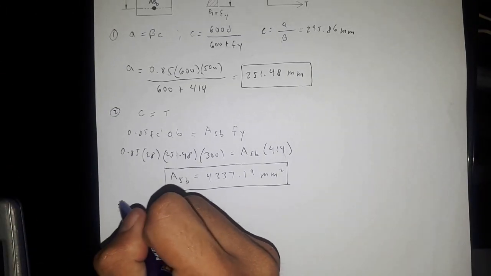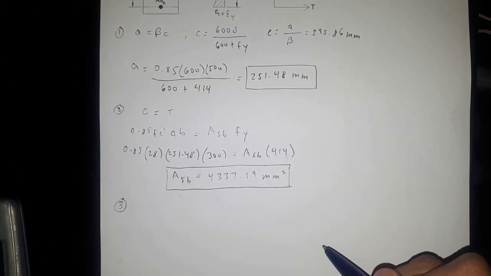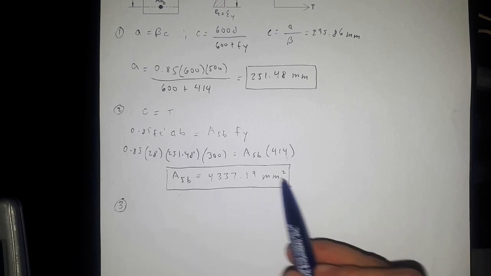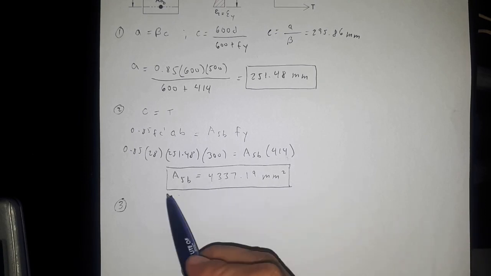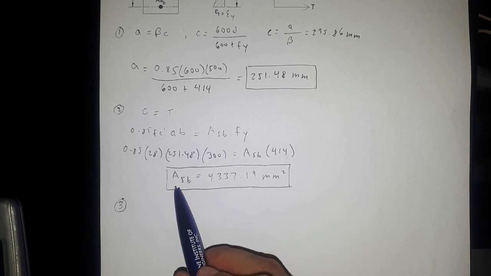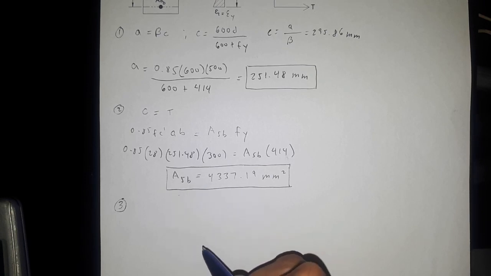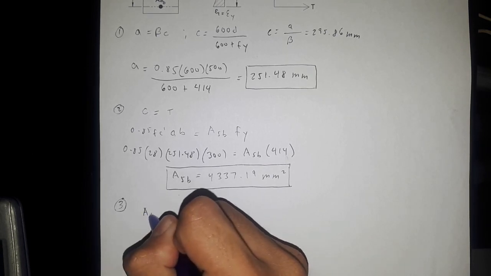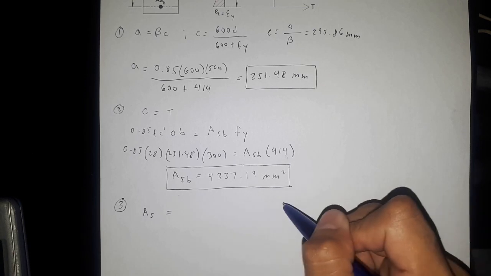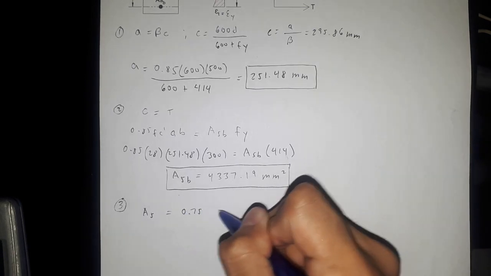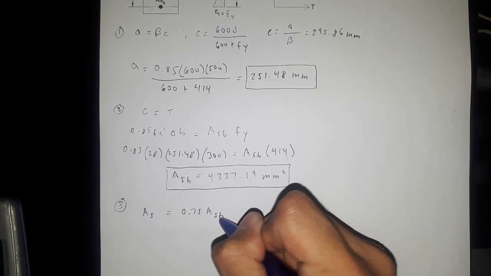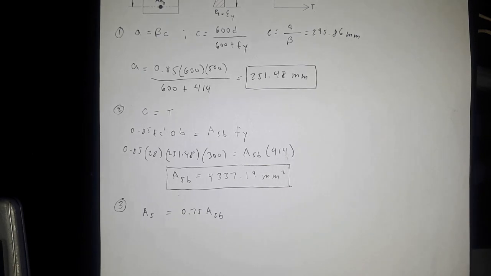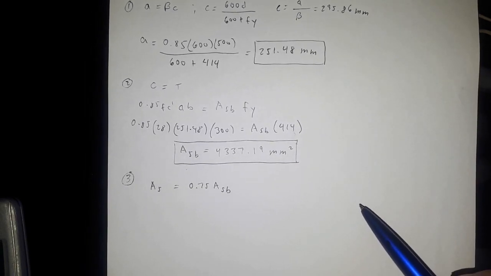Since we are to determine the moment capacity, we will not utilize the balance steel area. The maximum As is equal to 75% of the balance steel area, so the maximum is 0.75 of rho balance.